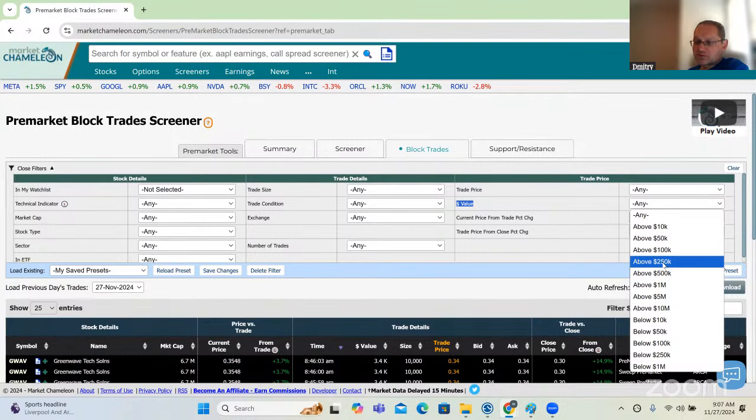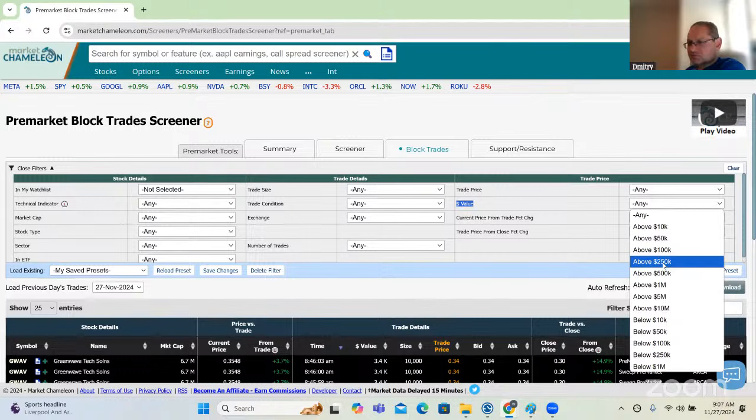So the single trade had to involve at least $250,000 in notional value in the stock, which could be a different amount of stock depending on the price of the stock. You could have a $100 stock, a $5 stock, or a $1,000 stock. That would represent a different amount of shares to get up to 250,000.